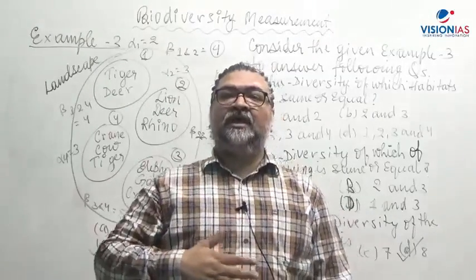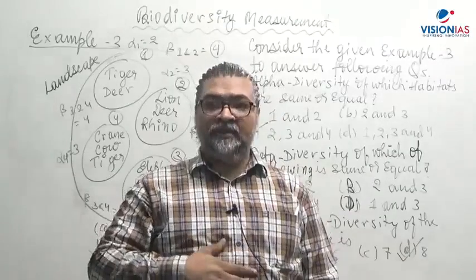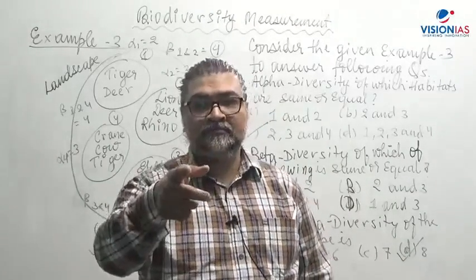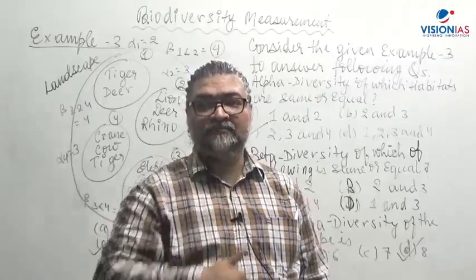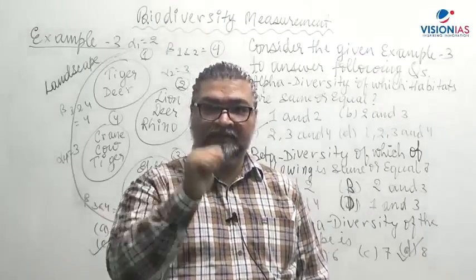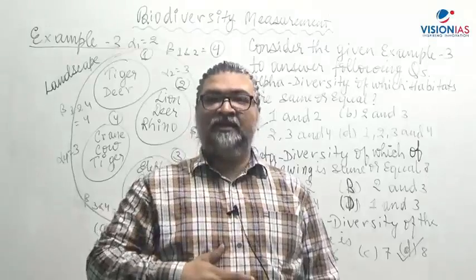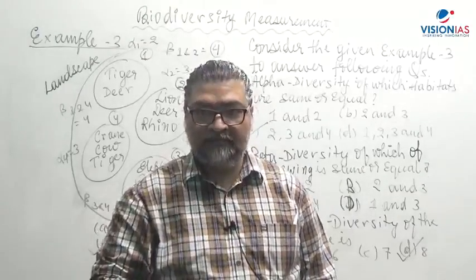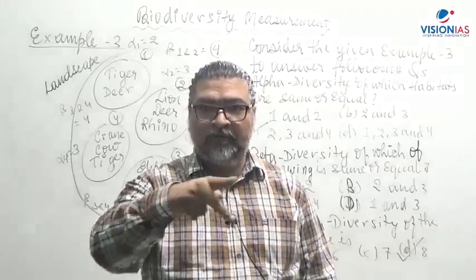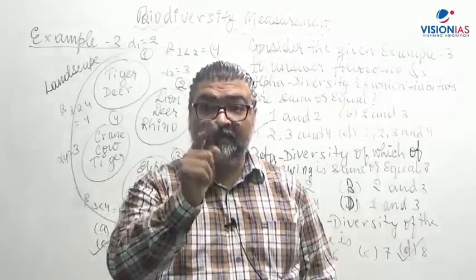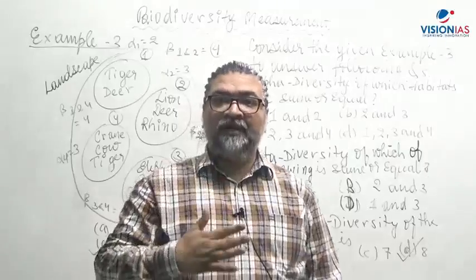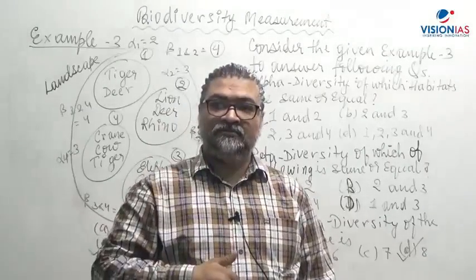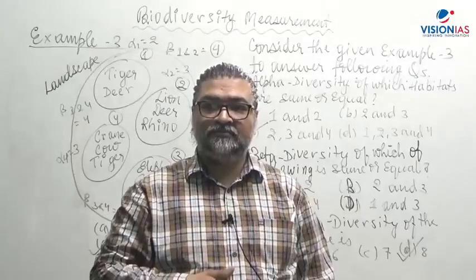I am comparing the bacteria in my intestine with Muskan's gut, Muskan's intestine, which also has bacteria. So when I compare my intestine bacteria with Muskan's bacteria, taking them together, that is beta. Or if I compare my intestine with Lakshya's intestine, that is beta.